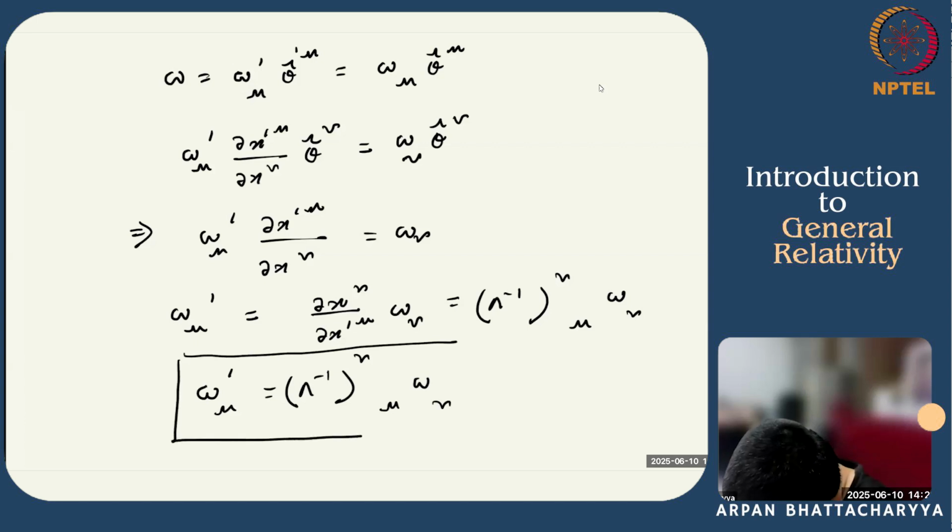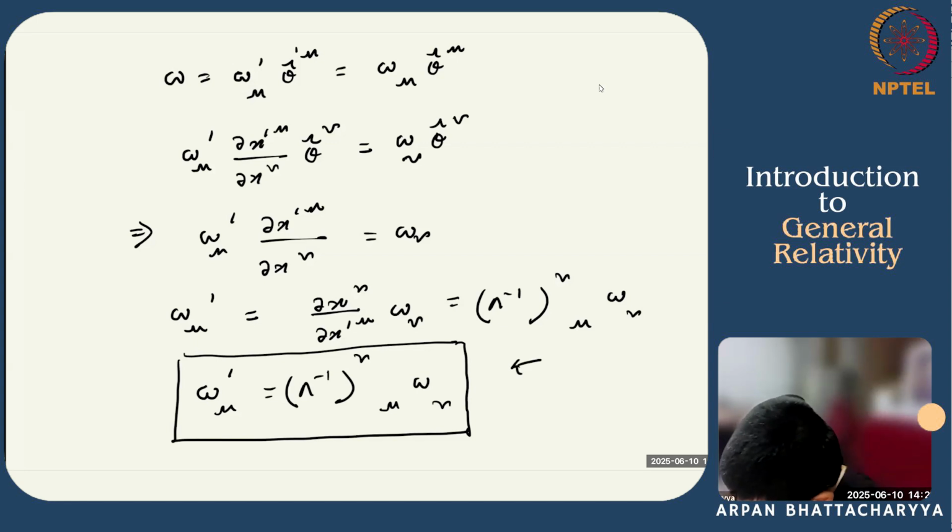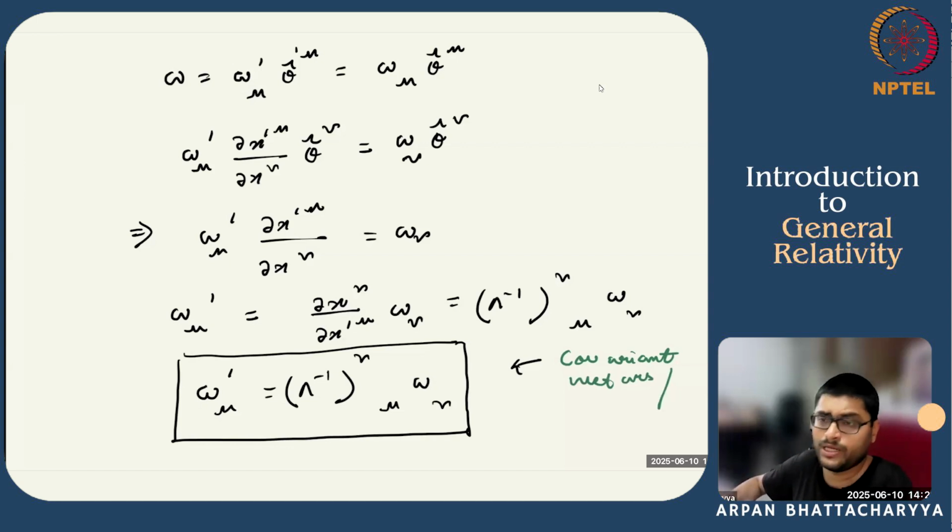In contrast, the components of the vector transform under the Lorentz transform. And we call them covariant vectors, or we will use modern terminology, we will simply call them a one form.